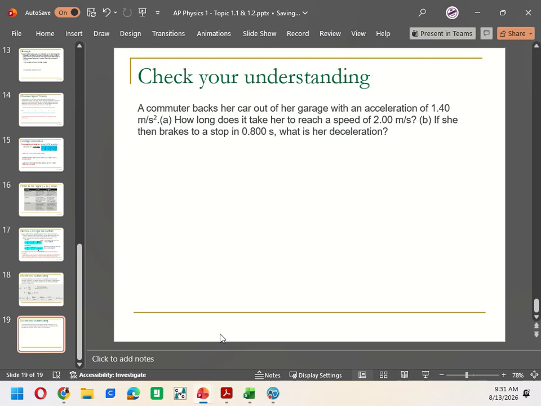What do we get? 1.429. And what are my units? Seconds. There we go. That's important.